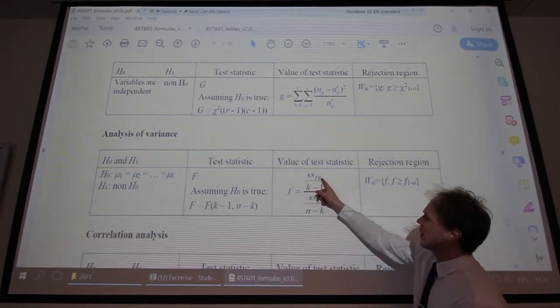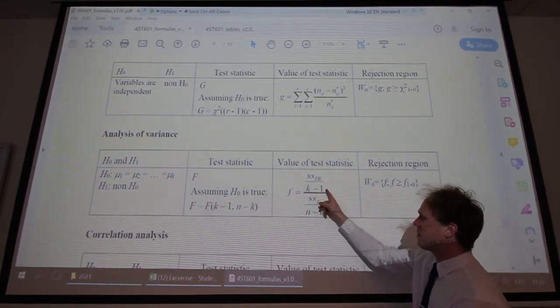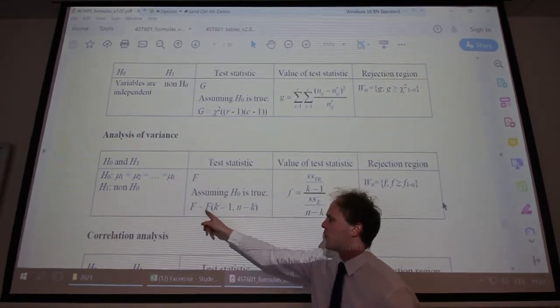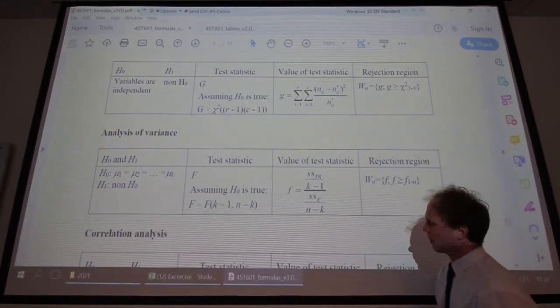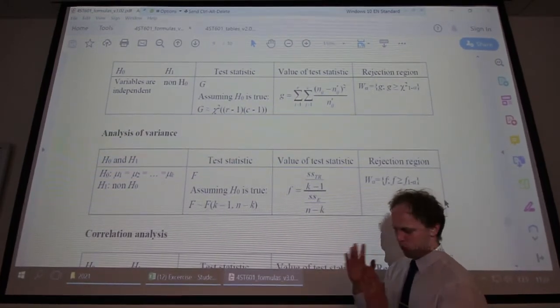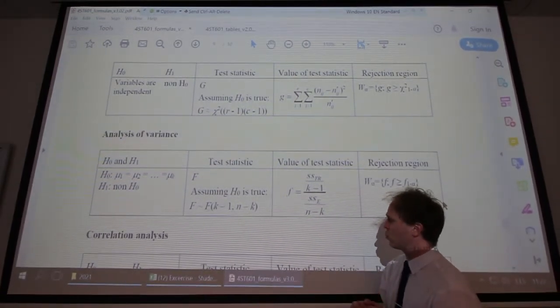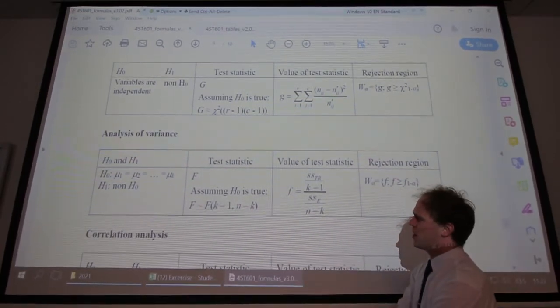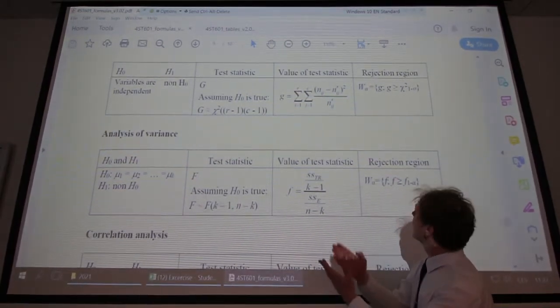Yes, sum of squares treatment divided by nu1. Nu1 is a parameter of Fisher distribution. N minus k is nu2, small Greek letter nu2, N minus k. So the second parameter of Fisher distribution, yes.